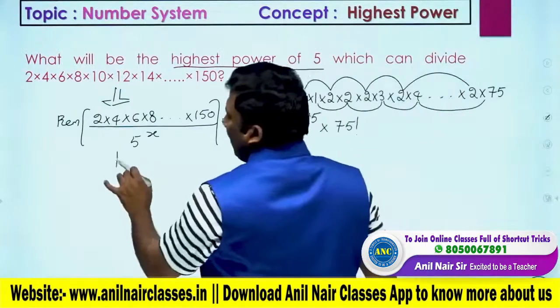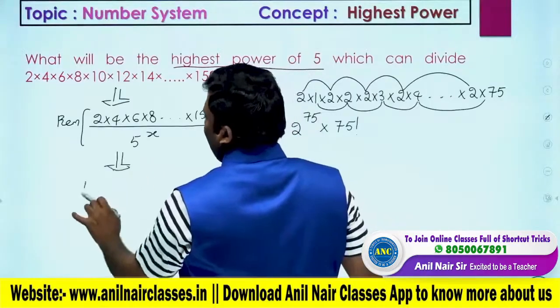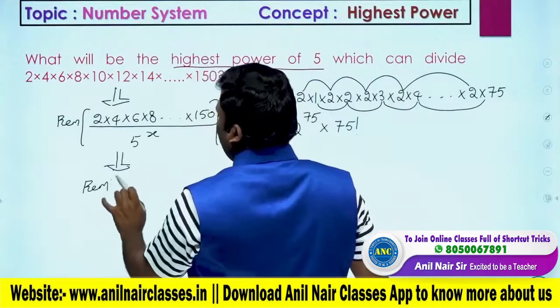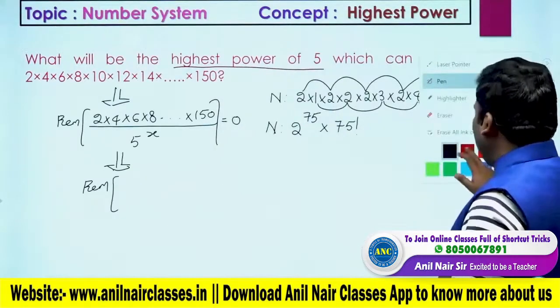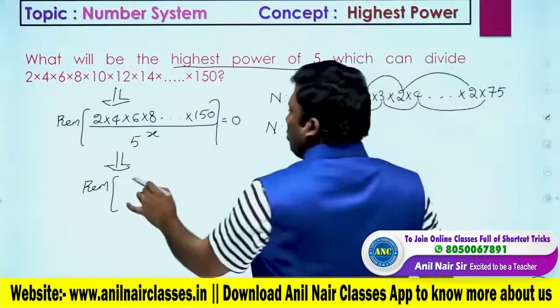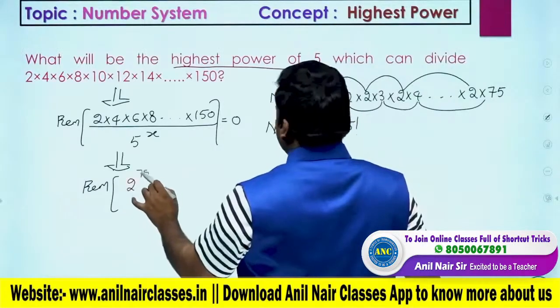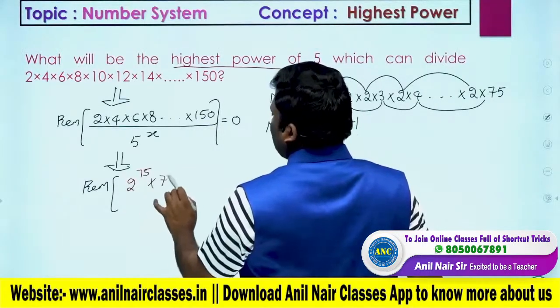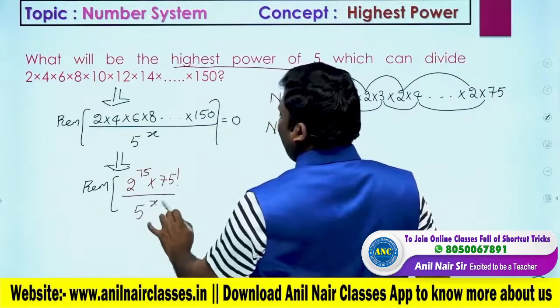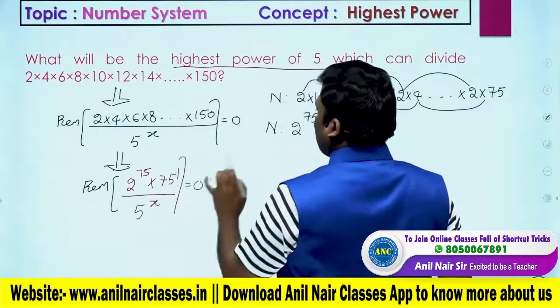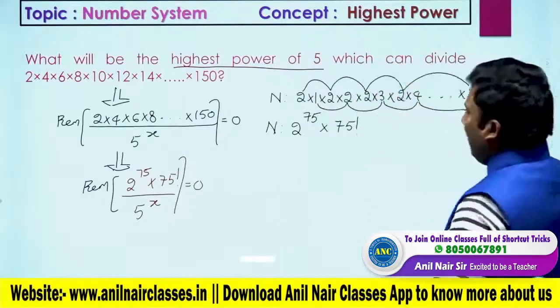So we will replace the numerator 2 into 4 into 6 into 8 and so on up to 150 with 2 power 75 into 75 factorial, divided by which power of 5 will the remainder be 0?